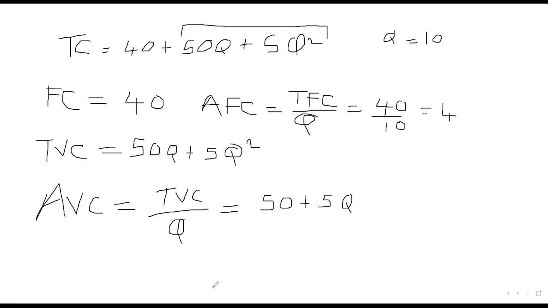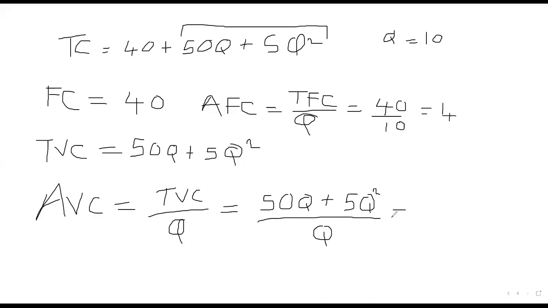If you can explain. Okay, so we said anything average is anything divided by quantity. So the total variable cost, 50Q plus 5Q squared, we're going to divide by Q. So this Q is going to divide in everything, not once.